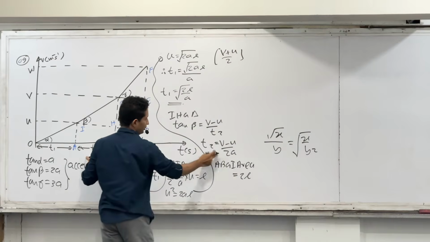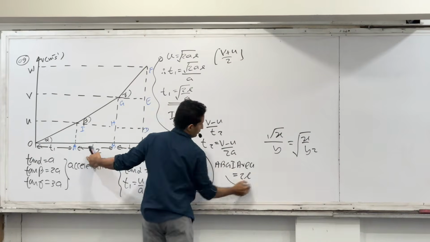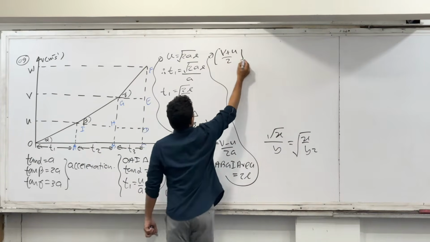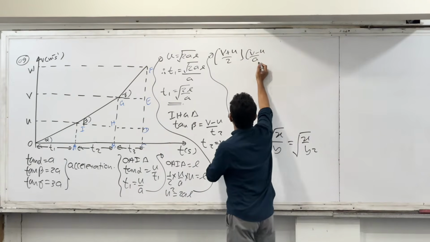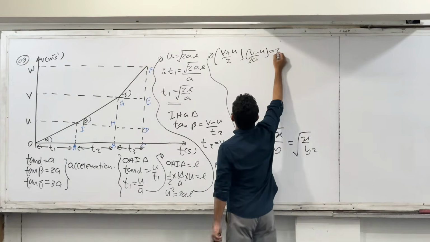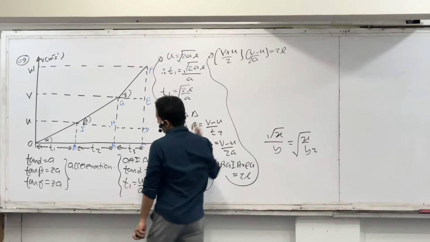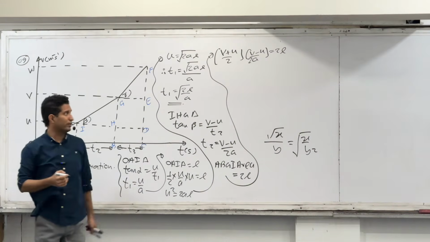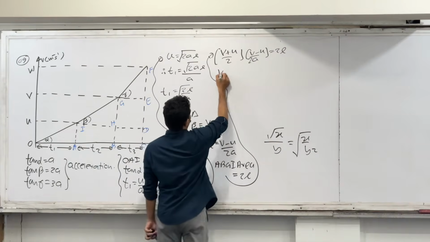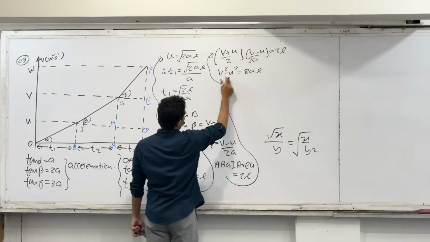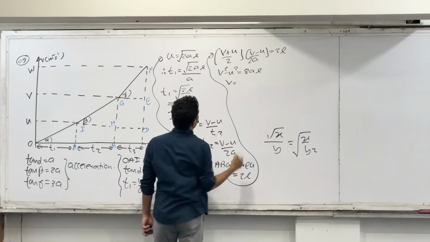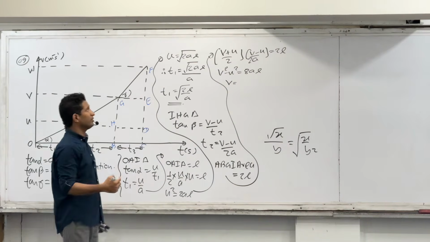We have found T2, V minus U over 2A, and this should equal L. In the numerator the difference between the two is squared. That comes as V squared minus U squared equals 8AL. Then V equals the square root of U squared plus 8AL.